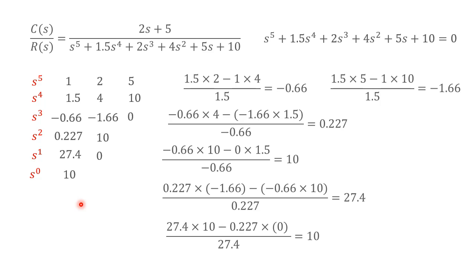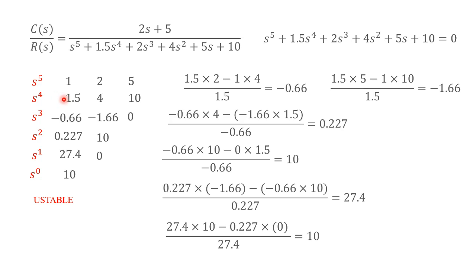Okay. Now let's calculate the stability over here and the location of poles. As you can see, here is a sign change. A sign change in the first column means the system is unstable. Now how many sign changes are there?